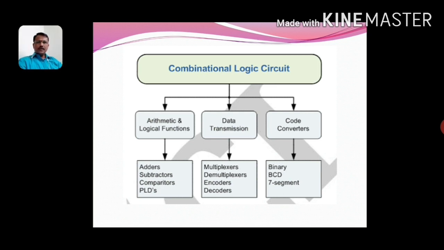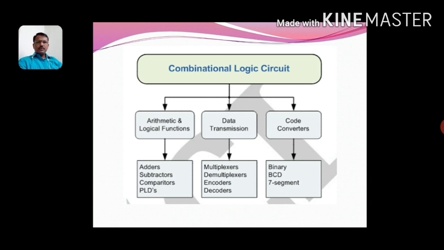Demultiplexer has one input and many outputs depending upon status of control input. The input will be connected to one of the outputs. Encoders and decoders are just like mux and demux, but they do not contain any control inputs, they have only inputs and outputs.